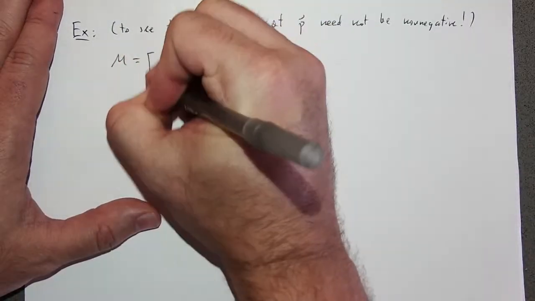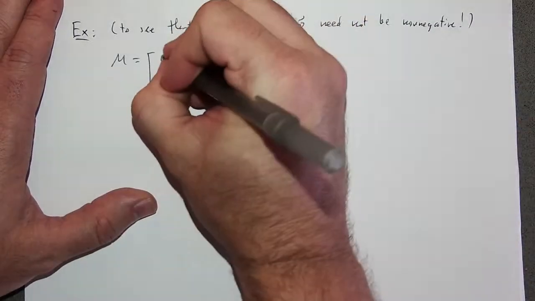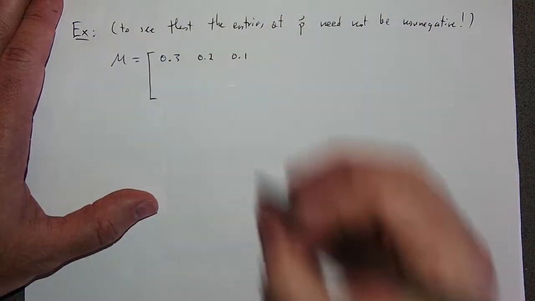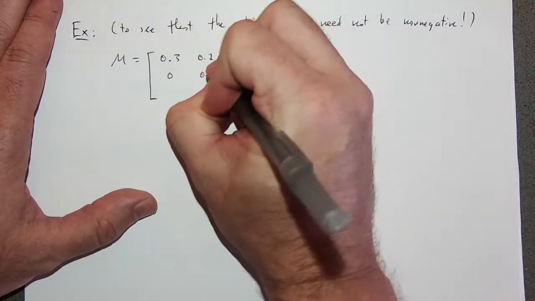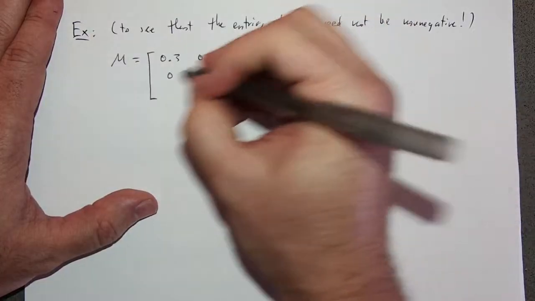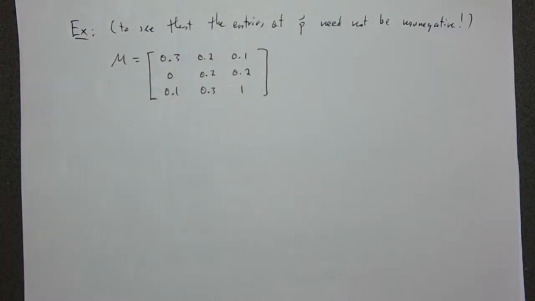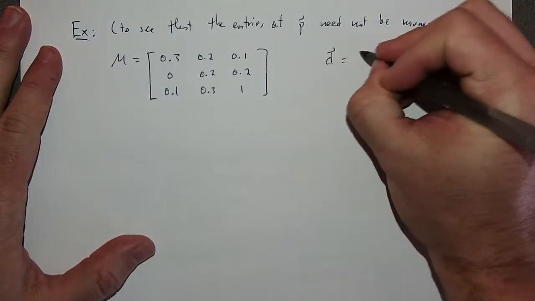Let's set M to be the matrix, again reading row-wise, 0.3, 0.2, 0.1, 0, 0.2, 0.2, 0.1, 0.3, and 1. Okay. Now, we will use the same external demand vector.